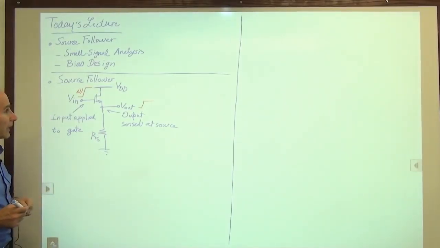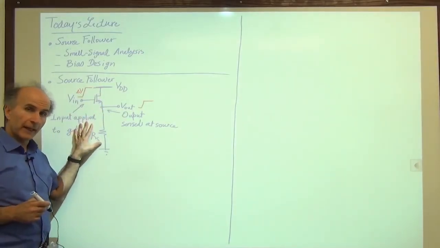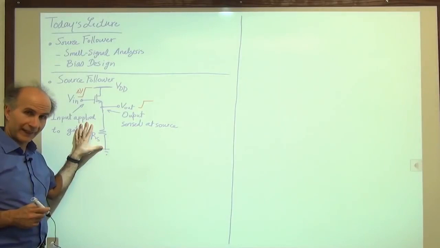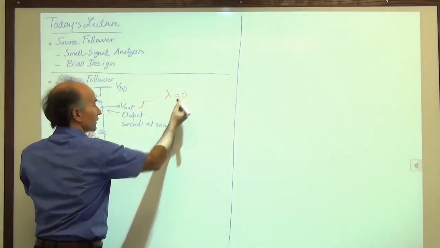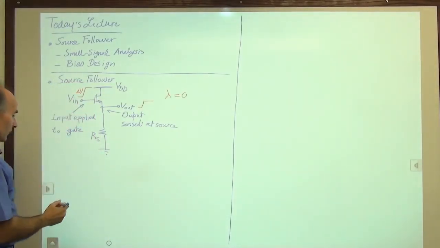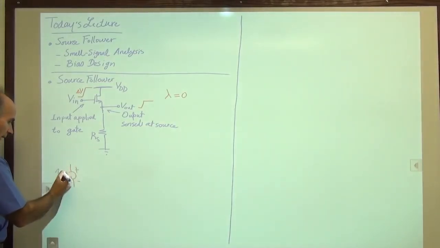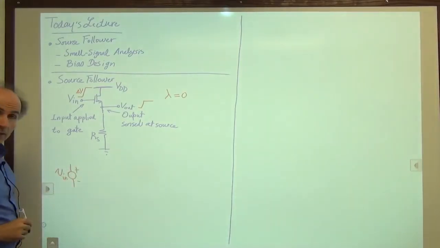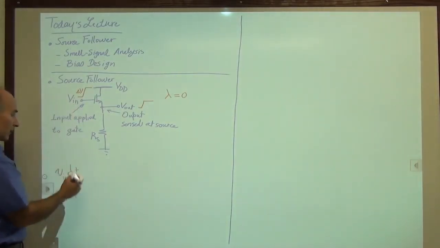All right, so now we can go ahead and draw the small signal model of the circuit and find its small signal gain. For now, we will assume that lambda is equal to 0. All right, so let's go ahead and do that. For the input, we have an AC voltage source. So that's V in, small signal voltage source applied to the input from this point to ground.